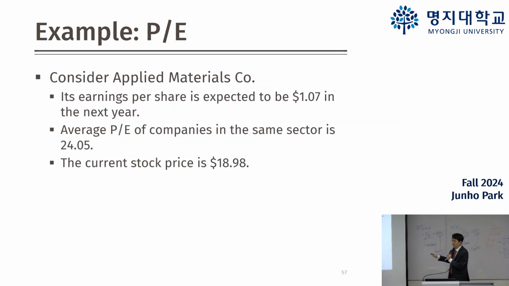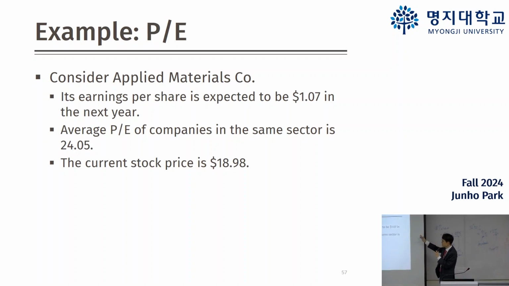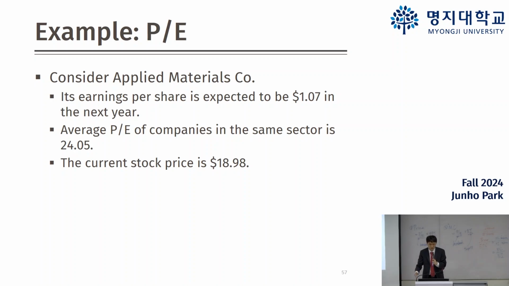So as you can see, applying the relative valuation method is a very straightforward, very easy, and intuitive way. However, when you use the PE ratio, there are some known concerns.